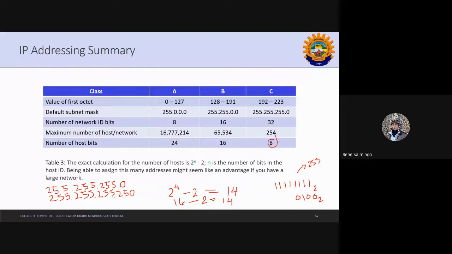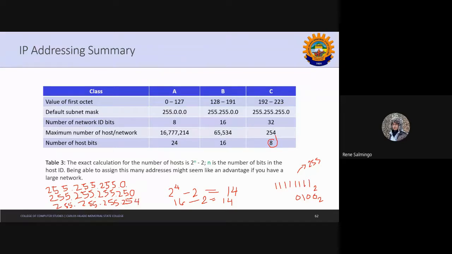So there are a lot of host numbers. But in the case that you only need 4 bits, we have 255, so 254.